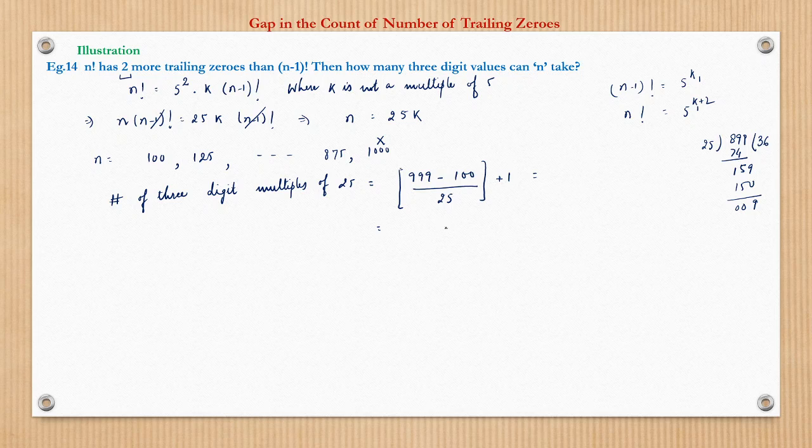So the integral value would be 36 plus 1, which is 37, right?